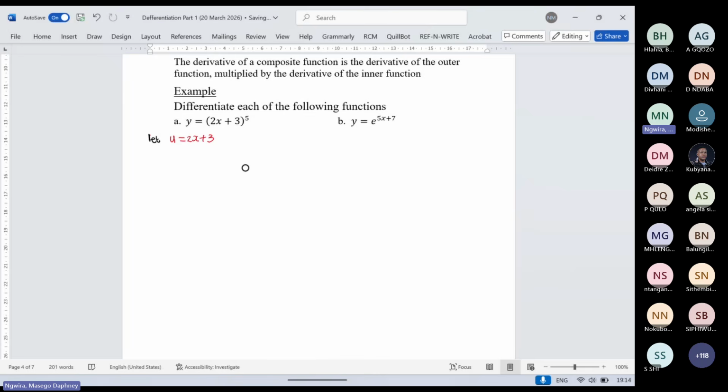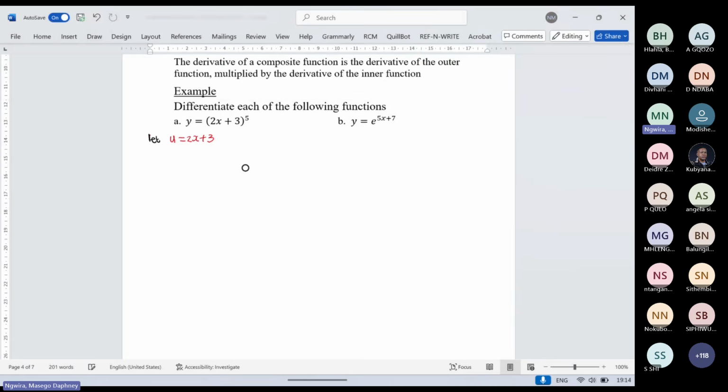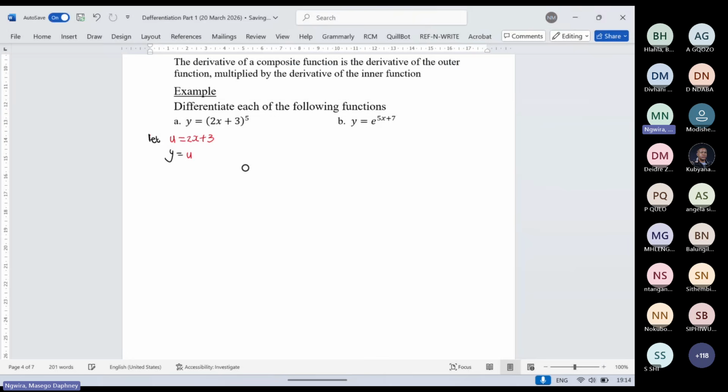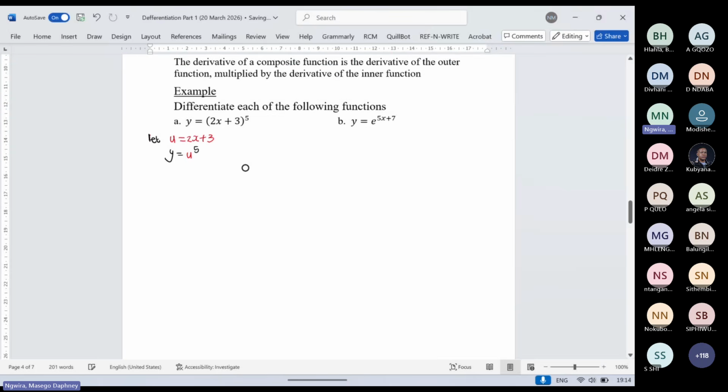If my u is 2x plus 3, it means that my function is going to change. It's going to be y equals u, because I said 2x plus 3 must be u, and then to the power of 5. So this function will be u to the power of 5.